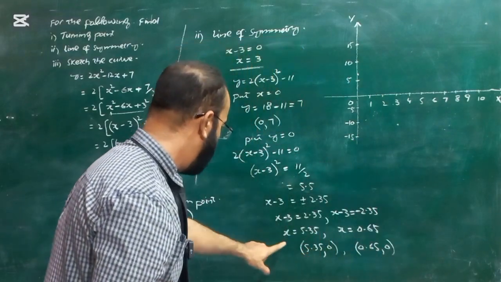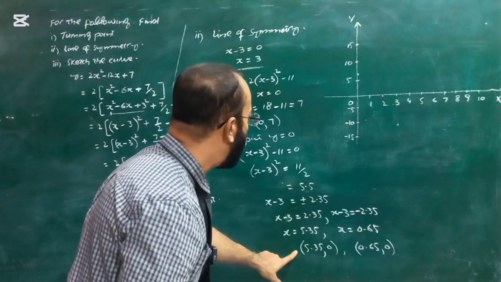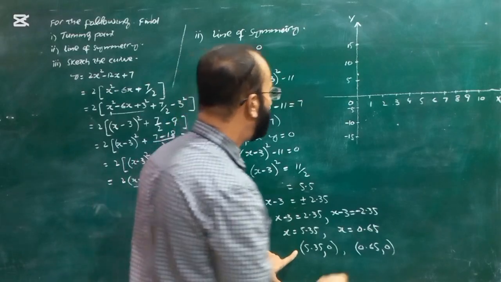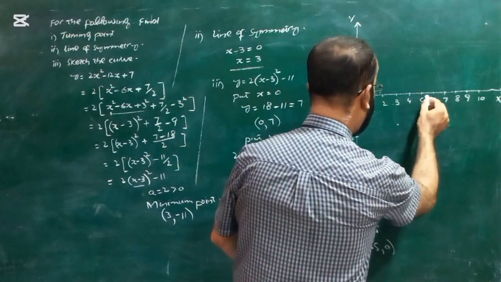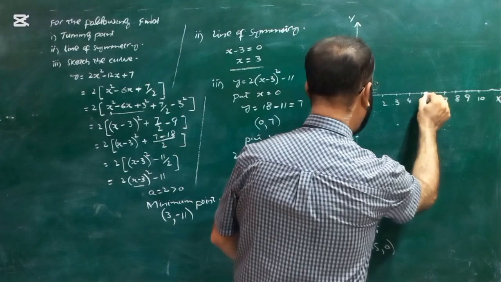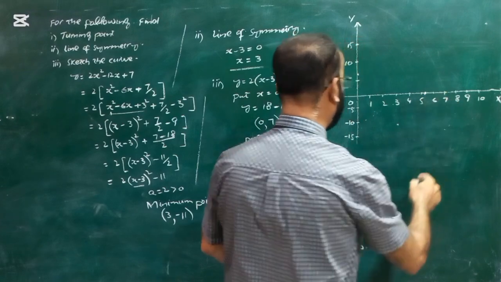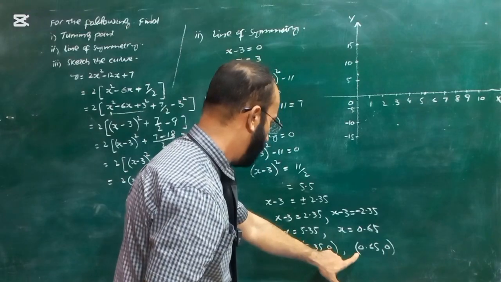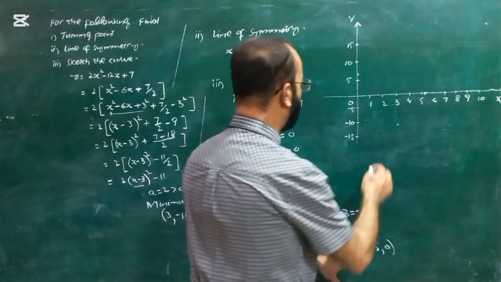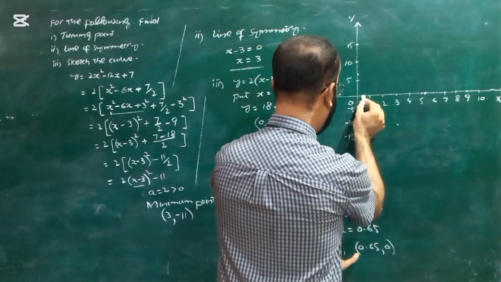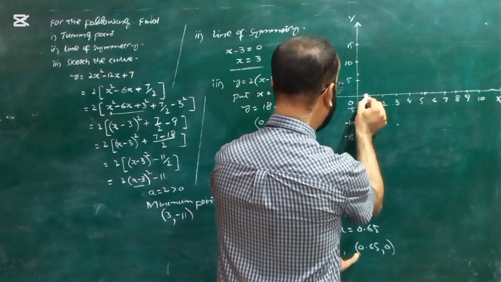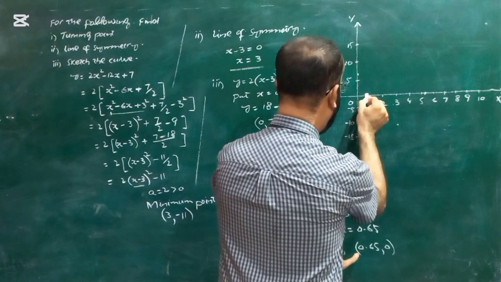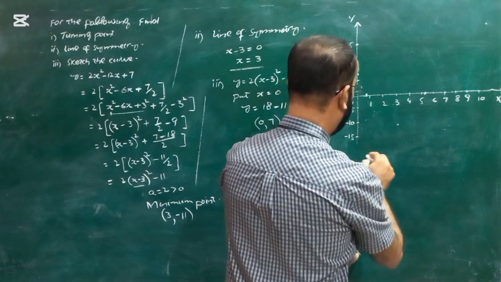And next, the intersecting points at the x-axis. So 5.35 and 0. Here is one point, and the second is 0.65 and 0. So here is 0.65 and 0.